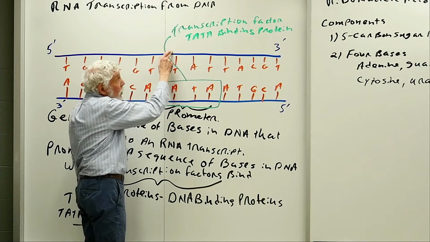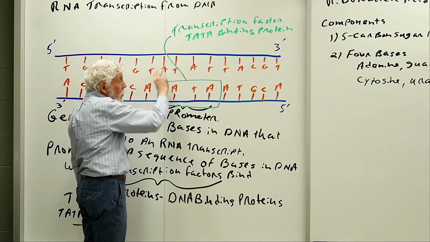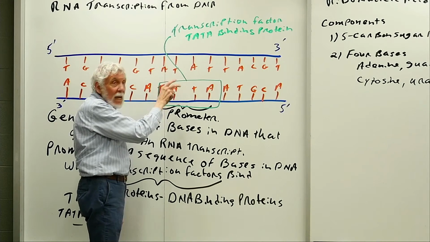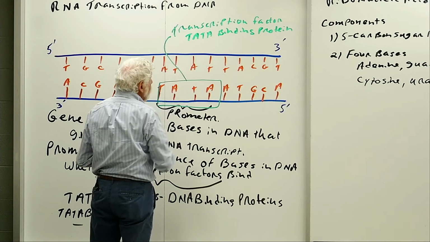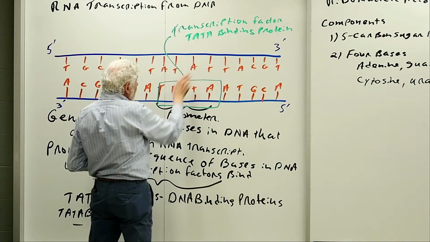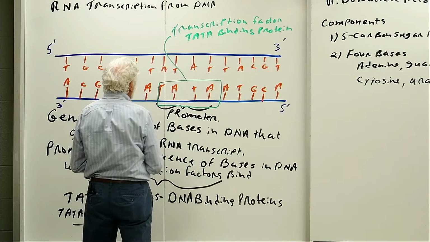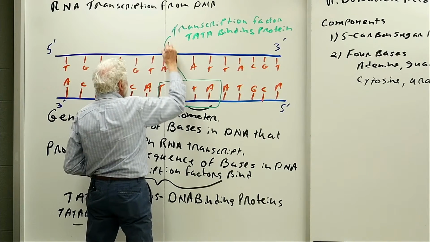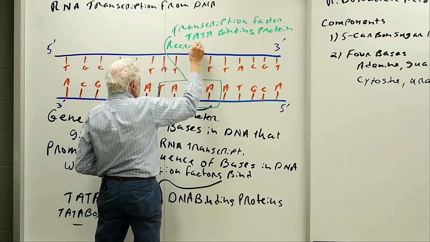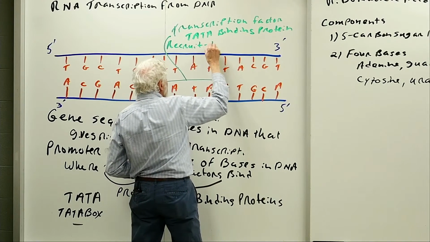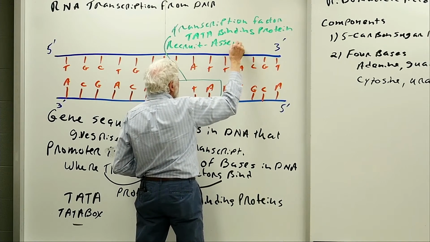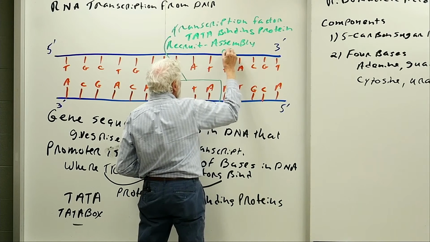For our purposes, these transcription factors have the specialized structure which allows them to bind to DNA, and once the transcription factor binds to the TATA box, to the promoter, then we recruit an assembly of proteins.